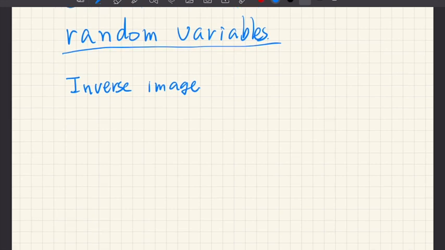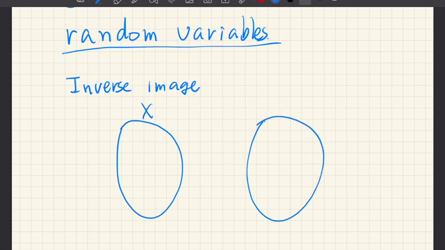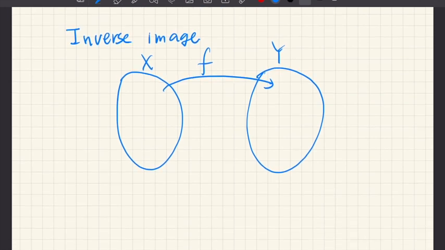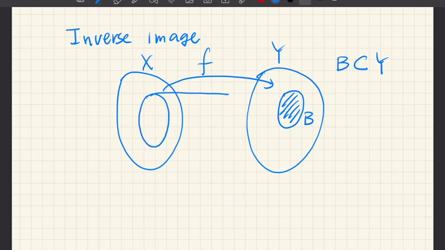Let's say if we have two sets, X and Y, and we have a mapping between X and Y from X to Y, then take a subset of Y. So this is, say, B. So B is a subset of Y. Then we look for all the values of X which map into this subset.